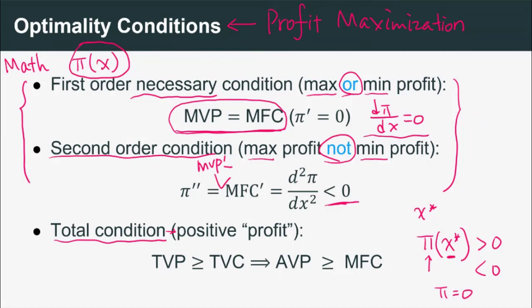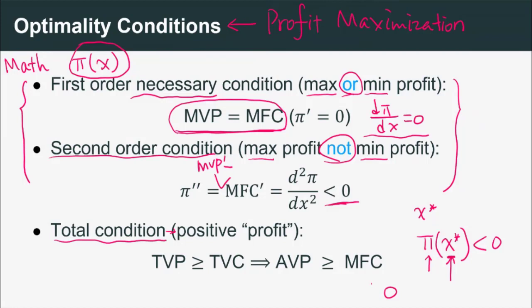So if from the first two conditions you find out that your profit is smaller than 0, then you shouldn't use this point as a point of maximized profit, and your real profit should be equal to 0.